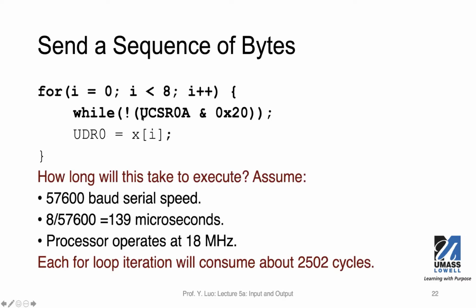So you only execute this UDR0 equals X subscript I to assign the outgoing byte to this data transfer register. You don't do that until this loop is done. So this is a kind of infinite loop. The only breakout condition is that the transfer register is available. So this semicolon is correct. That was a good question.